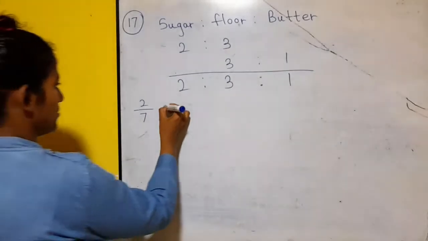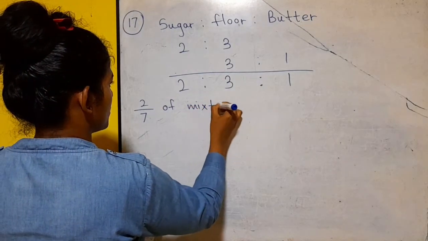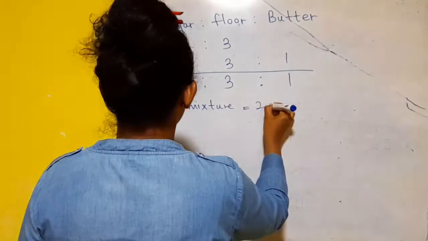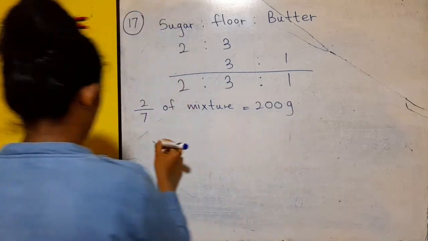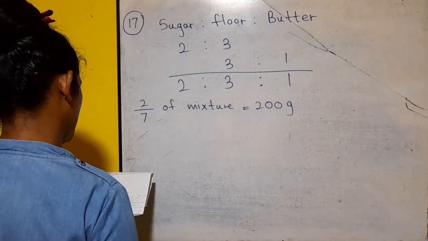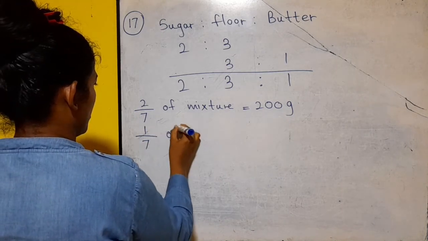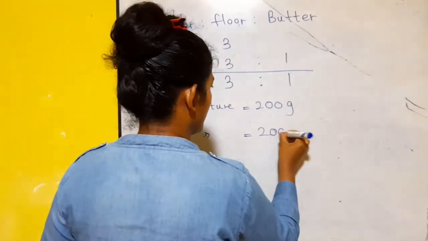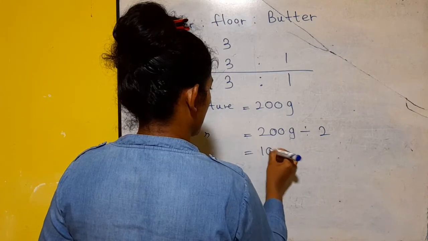So 2 over 6 of the mixture is equal to 200 grams. So we have to find the amount of butter. 1 part of the mixture is equal to 200 grams divided by 2, that is 100 grams.